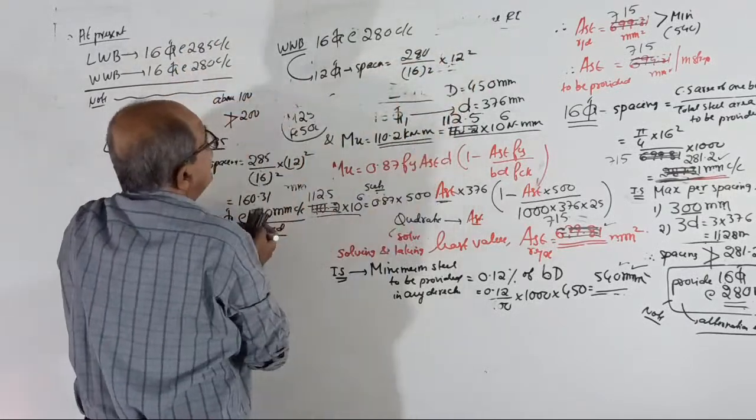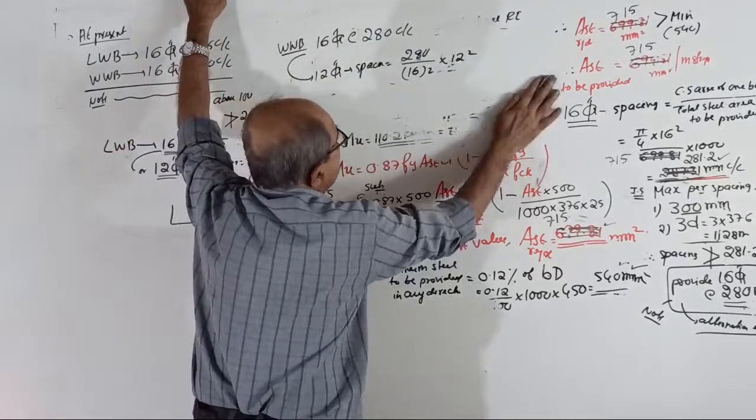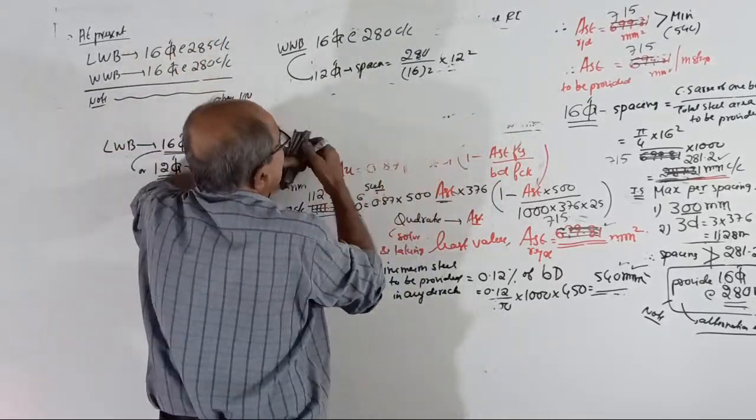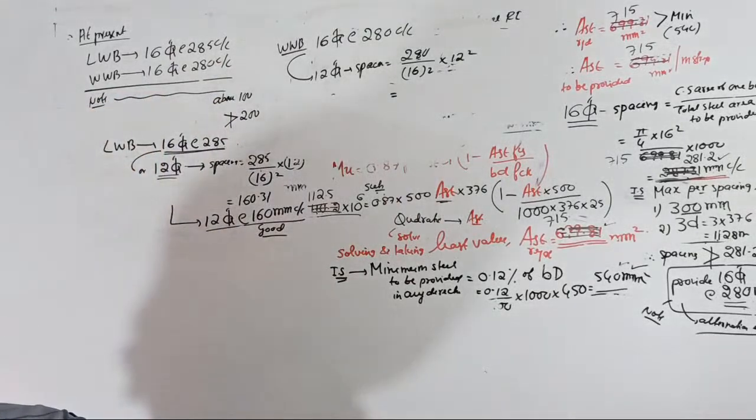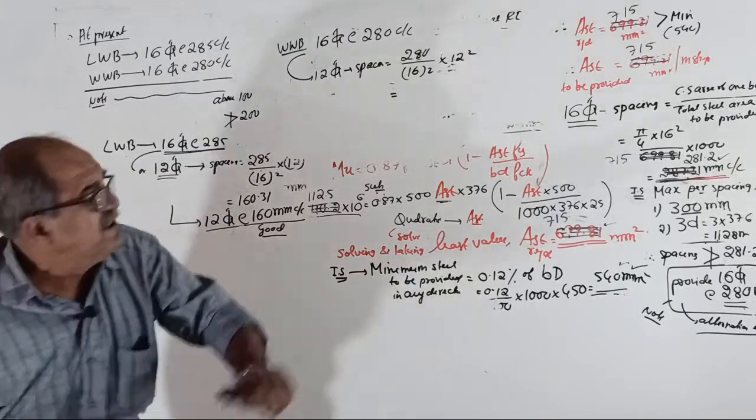Tell the answer. 280 divided by 16 square into 12 square. Answer. How much? 157.5.